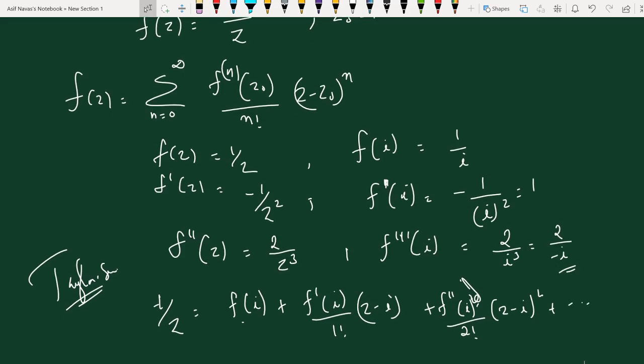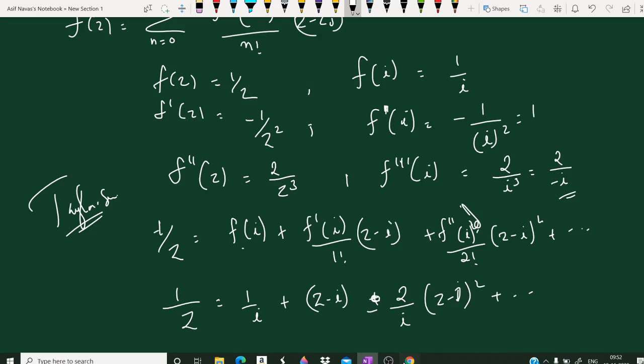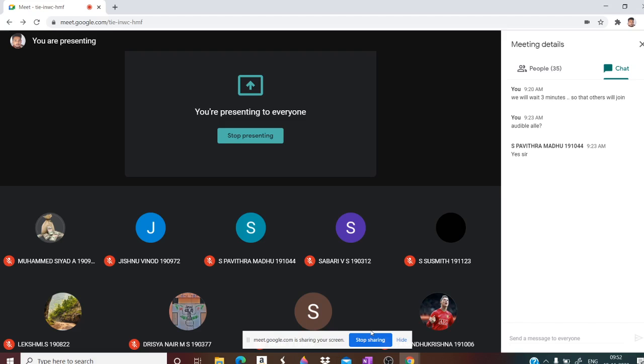So you can substitute the values here: 1 by z is 1 by I plus z minus I plus 2 by minus 2 by I z minus I all square.